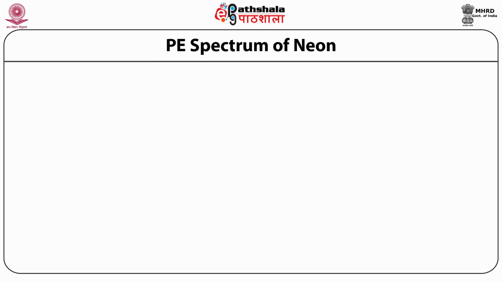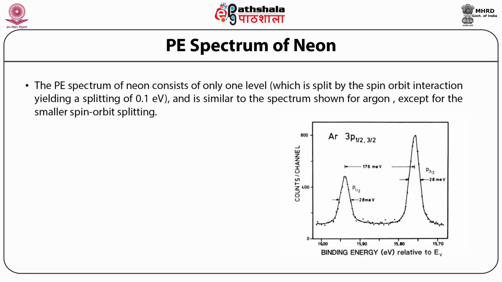Photoelectron spectrum of neon. It explains in what way the peaks will arise when we look at this spectrum. The photoelectron spectrum of neon consists of only one level, which is split by spin-orbit interaction, yielding a splitting of 0.1 electron volt, and is similar to the spectrum shown for argon, except for smaller spin-orbit splitting.